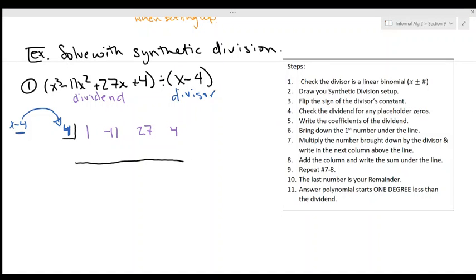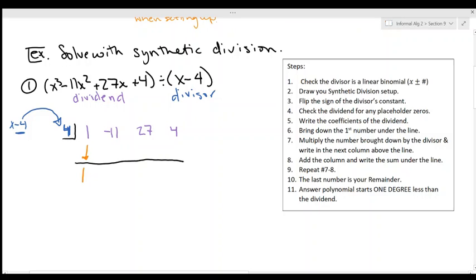Okay, now here we go. We're going to start synthetically dividing. Your first step is to bring down the first number under the line. So we're bringing down this 1 underneath our line. For the next step, you multiply this number you brought down by the divisor.